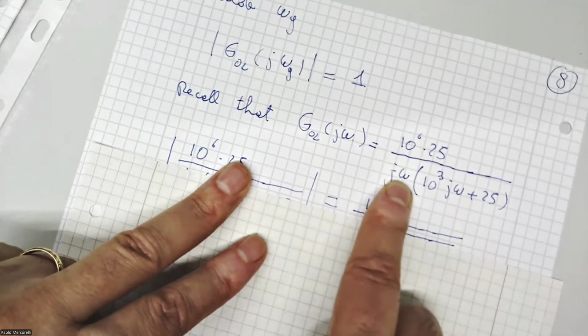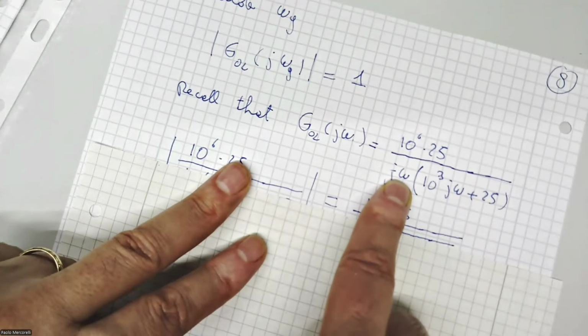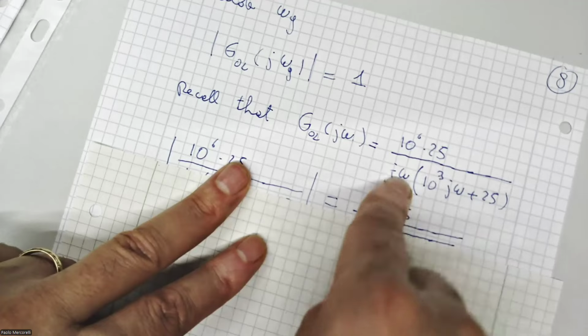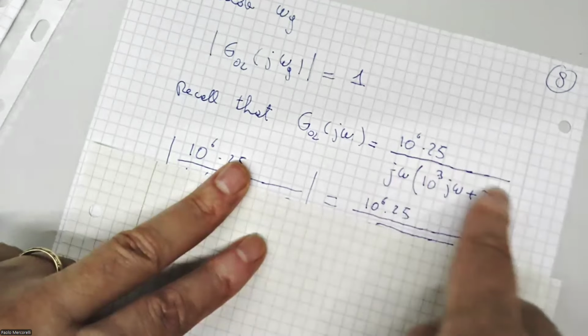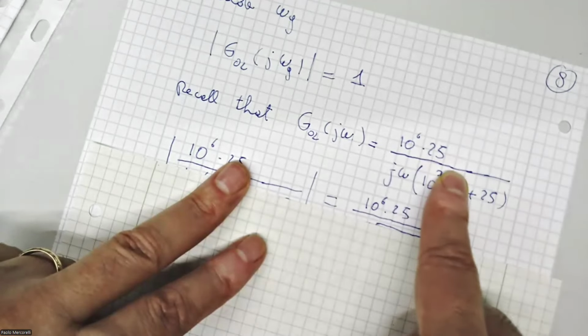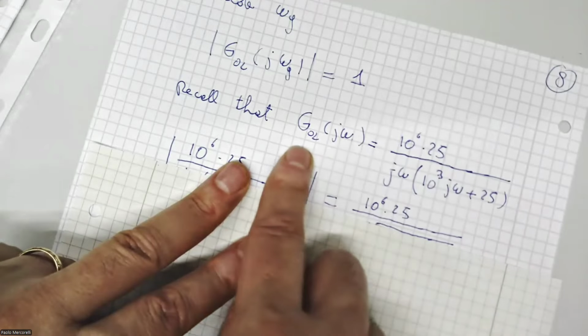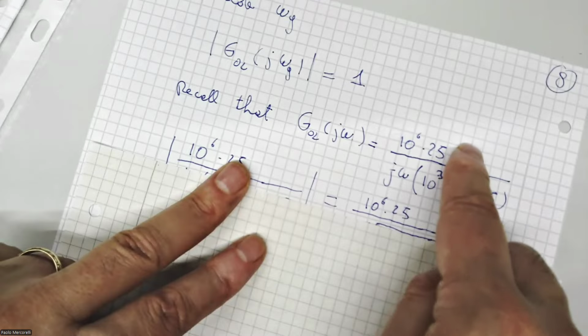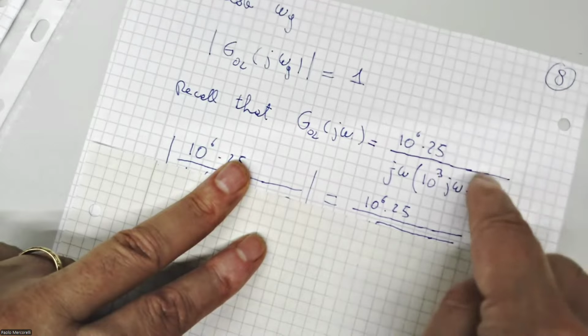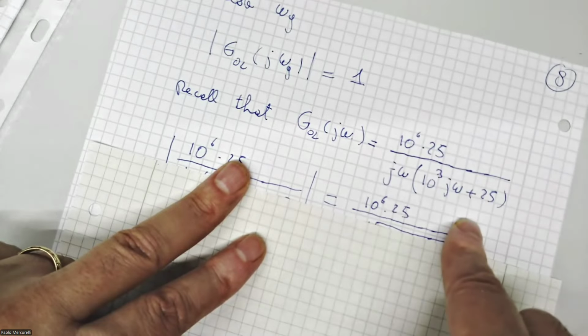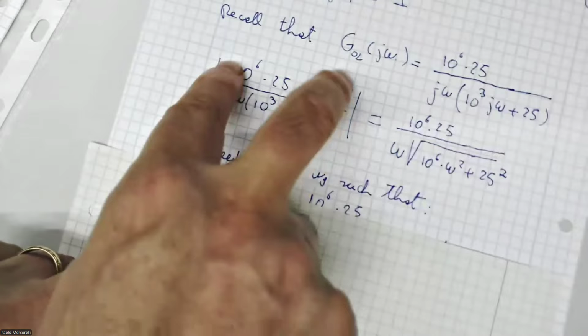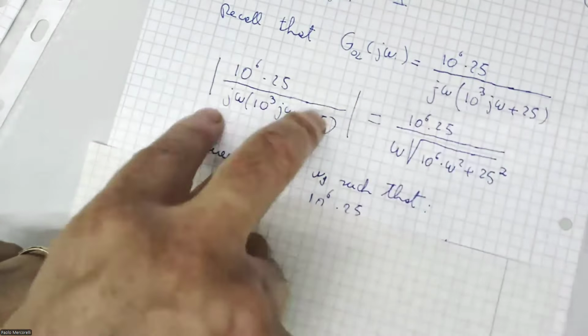This was s from the system, not from the controller. And this was the poles from the system. Basically, our controller at this stage is Ki multiplied by GS. It is calculated at omega g, at omega, excuse me. The amplitude of this.